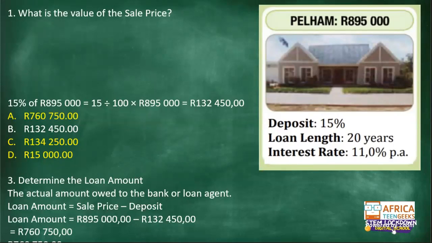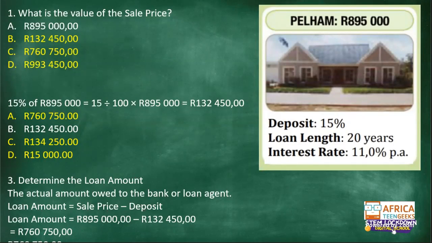So if you want to answer the question, what is the value of the sale price, you may look at the 4 possible answers that are given. And to this extent, you can see that we have 895,000, 132,400, 760,750, and the last one there is 993,450.